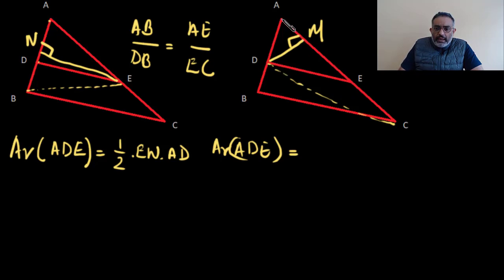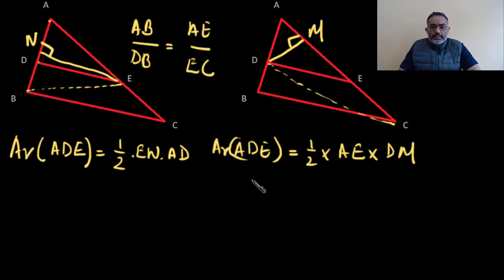ADE or AED from here is half times the base, which is AE, times this height DM. Right? Now both of them are equal, right? Because it is basically the same triangle. This is an exact replica of it, and the top portion is the same between each other.